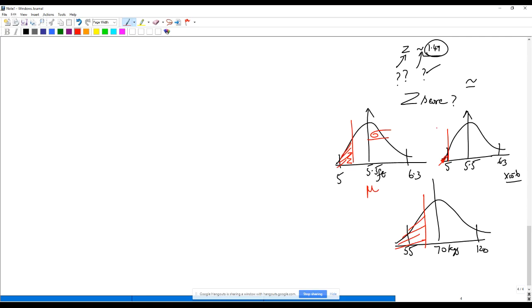The standard deviation says how fat it is. This is the simplest way of imagining this. The green is taller than the black, while the mean could be the same, but how fat it is, the standard deviation captures. This green is thinner than the black, so the standard deviation is lesser. That's all.